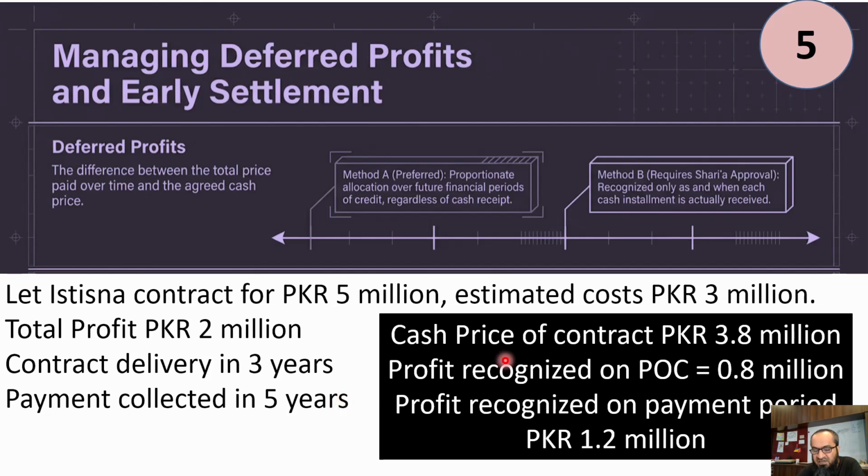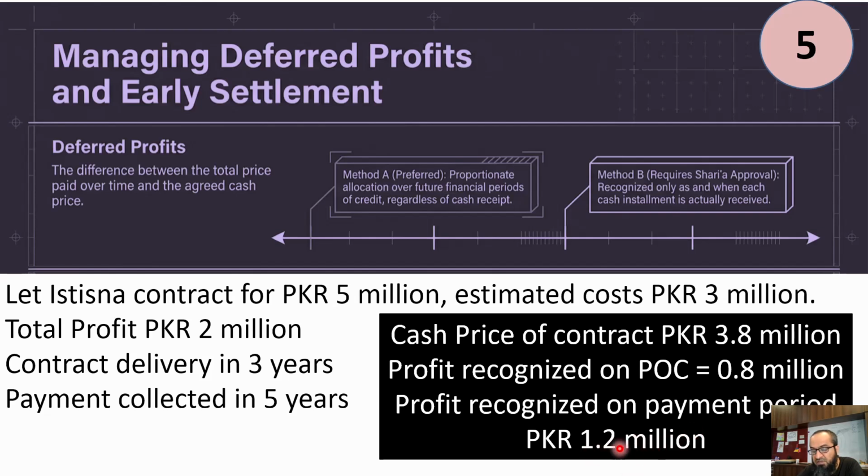Now this means that the 0.8 million of the profit is recognized on the percentage of completion method, whereas the remaining 1.2 million of the profit has to be recognized because there is a deferment of payment.